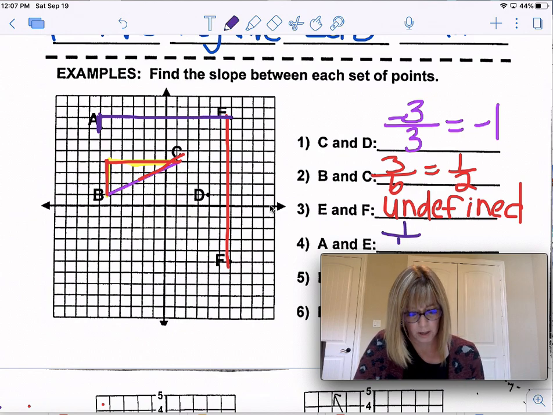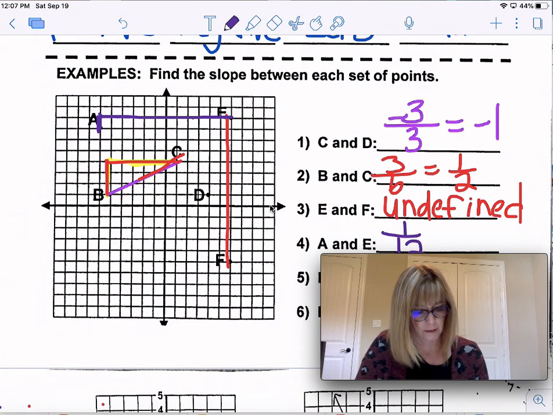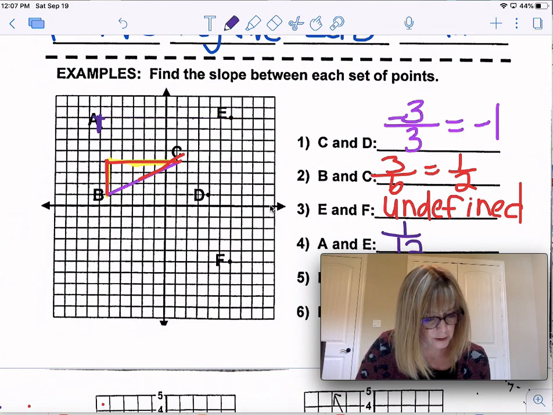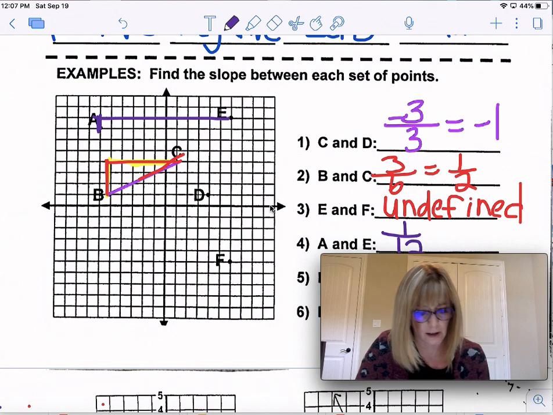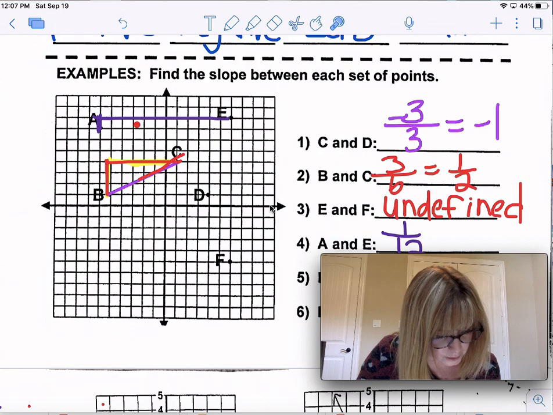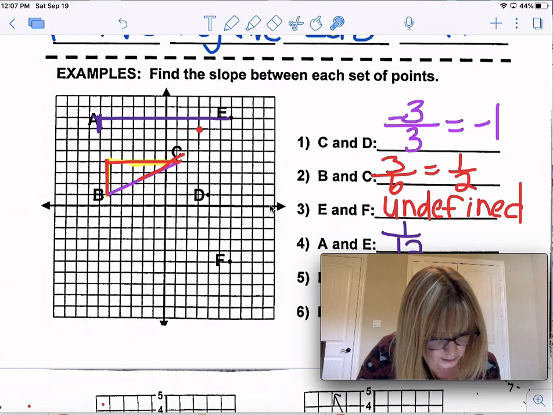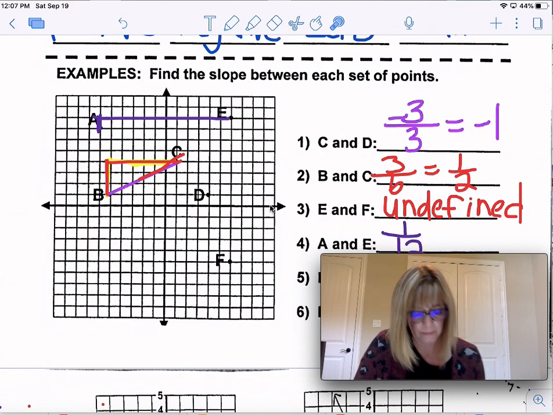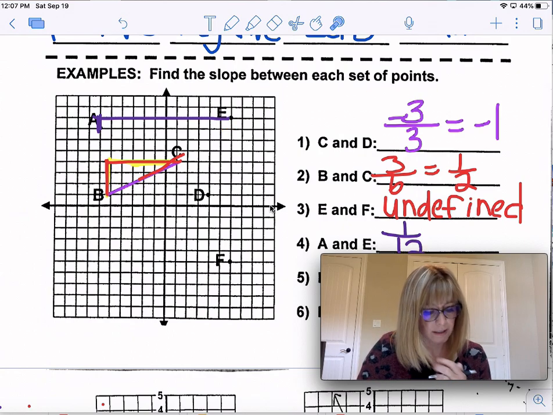That would be 1/12. Let me make sure, sometimes it's hard to see the dots. 1 through 12. Yeah, so 1/12 would be that. It's positive 1/12.